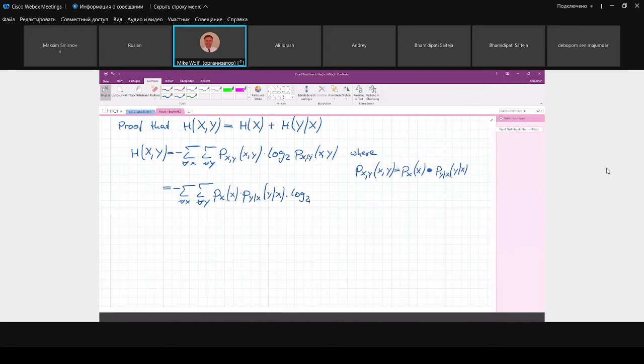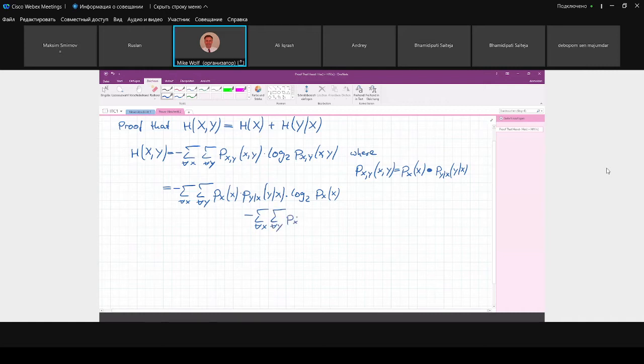It's a sum. So I start with log 2 of p of x. Then instead of writing log 2 of this product, I write a sum. So I start a new sum, and write minus, I take a look at all x values, all y values.